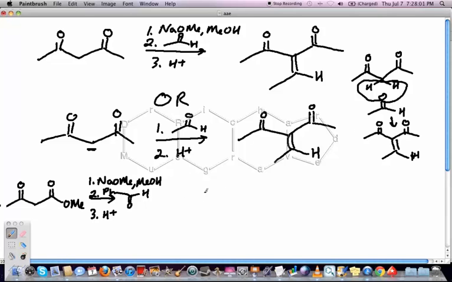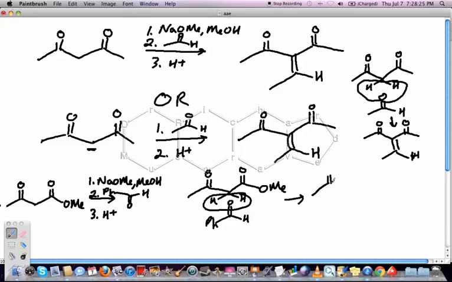Let's look at another one, just showing you the pattern here. Again, we know this is going to be the source of our alpha hydrogens, and then we're going to add our aldehyde or ketone, in this case an aldehyde, throw them together, and what we end up with is a compound that will indeed have cis and trans isomerism.